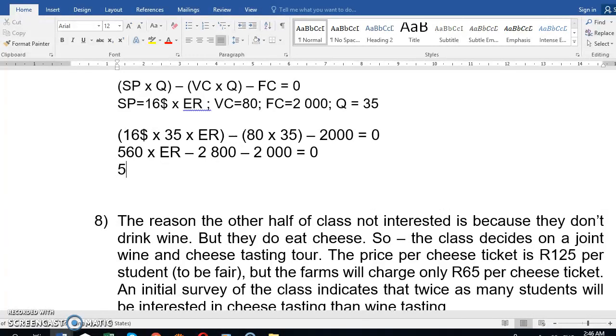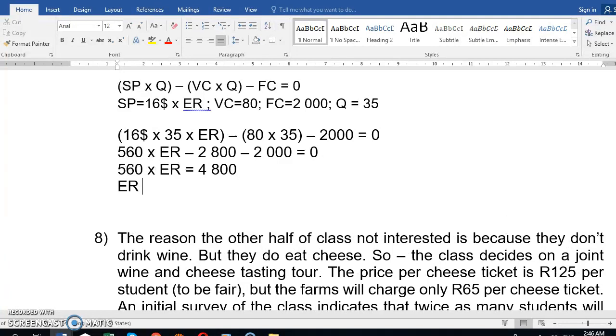So effectively you have 560 times the exchange rate. This can be added together, and if it goes over to that side, you have 560 times the exchange rate equals 4,800. And now the exchange rate is simply 4,800 divided by 560.